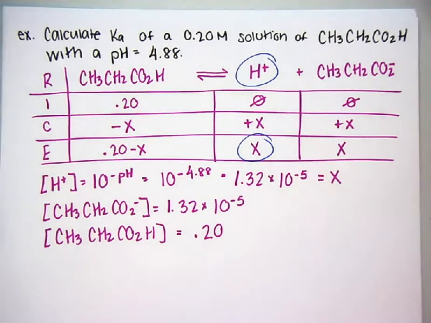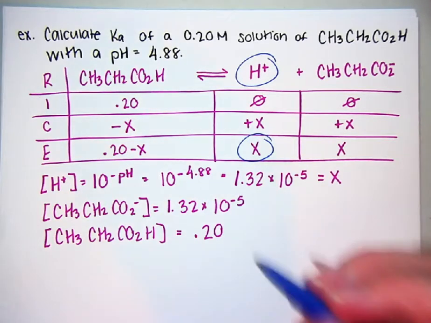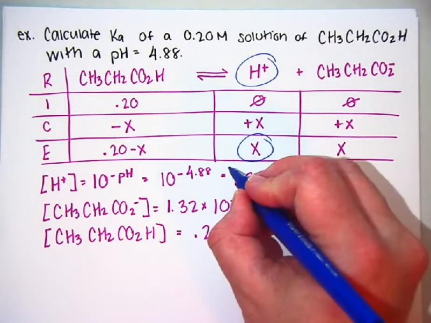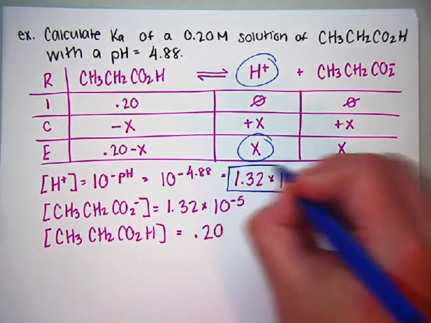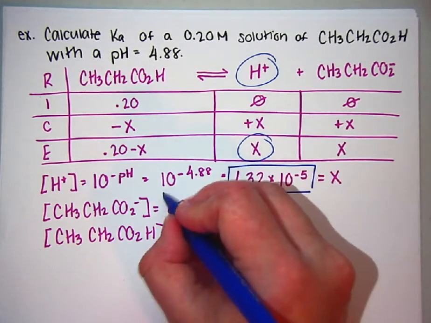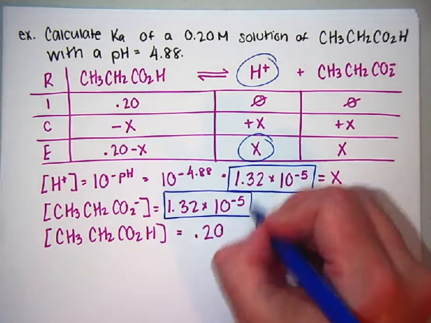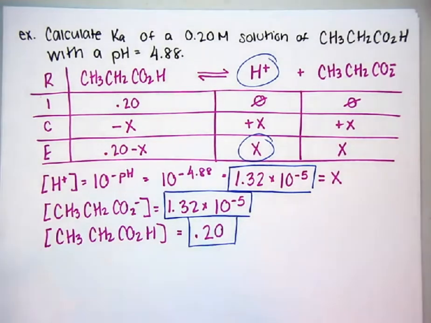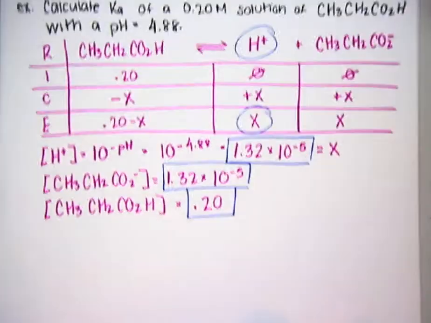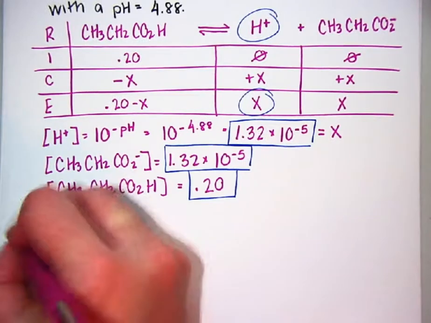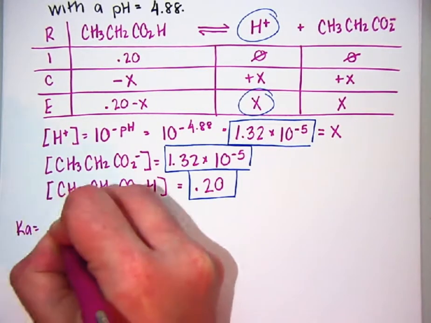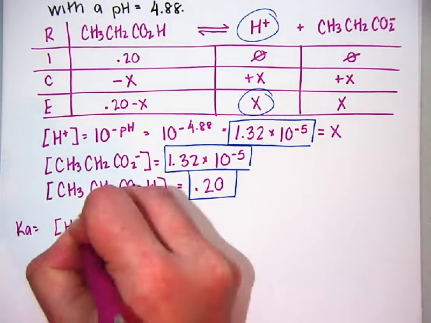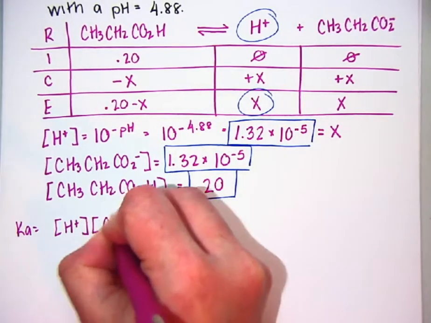So if we want to solve for Ka, I need to write my Ka expression, and I can plug in all of my concentrations. Ka is equal to products over reactants, each raised to the power equal to their coefficient. In this case, all of my coefficients are 1.